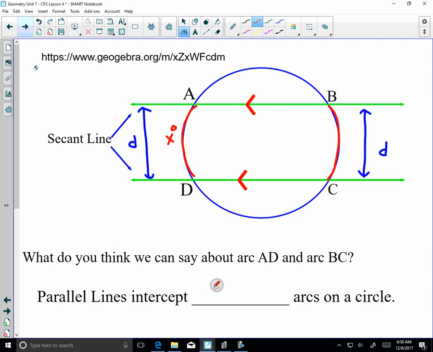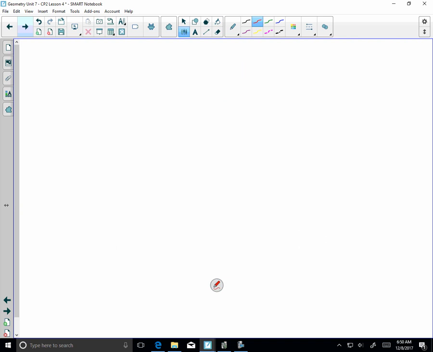So the x degrees here is x degrees here, and then that would also mean that this arc and this arc are equal to each other. And we could add up all the arcs to equal 360. Okay, so parallel lines intercept congruent arcs on a circle. So congruent is our main term we use to fill in the blank in that situation.